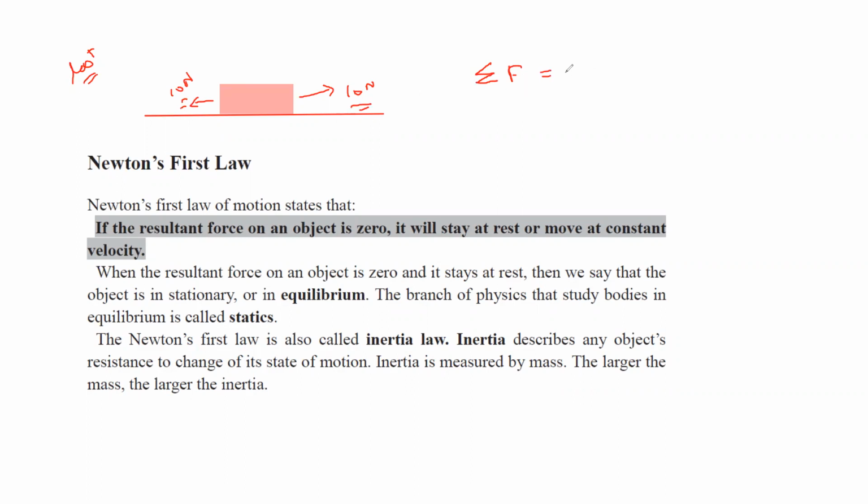What is the resultant force on the x-axis? The resultant force will be 0 Newton. So according to Newton's first law, if the resultant force is 0 and an object is originally at rest, it will remain at rest. The object does not move when the resultant force is 0.